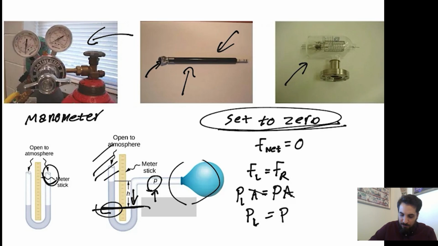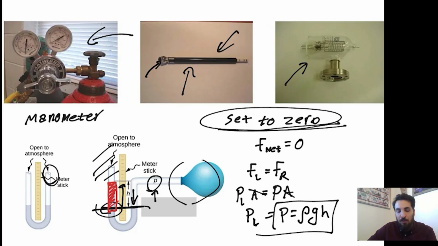We're only considering the fluid above that location, like we did at the end of the last video. And what is that pressure? Well, that's the density of the fluid times g times the height of that fluid line, height h in this case. So we get the pressure on our manometer being ρgh, the density times g times the height of our fluid.